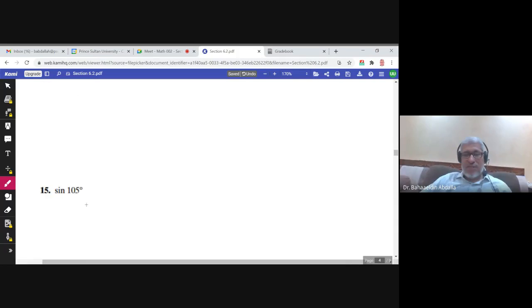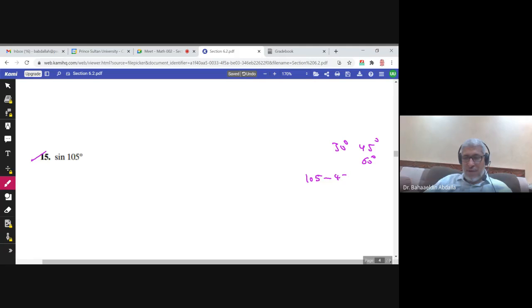Let us do sine 105. 105 is not one of the three known angles. It's not 30, it's not 45, it's not 60. So how can I find sine 105? I immediately think of the difference or the sum of two angles. You take 105 and subtract one of these angles. So for example, if you subtract 105 minus 45, you will get 60.